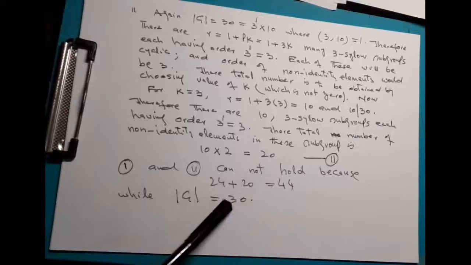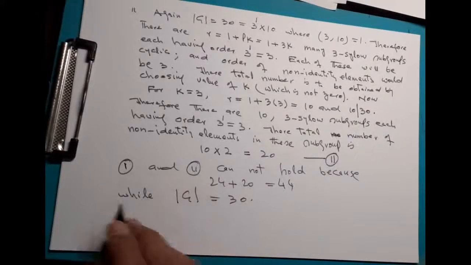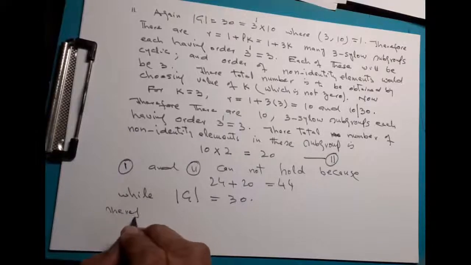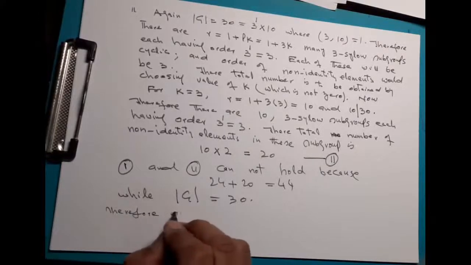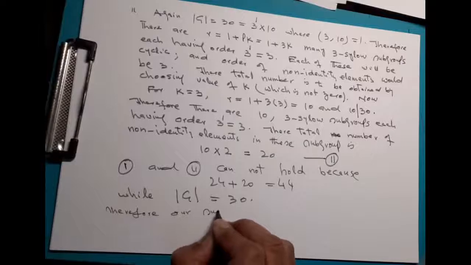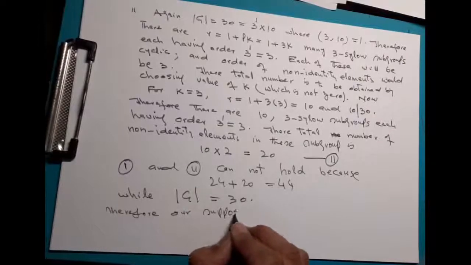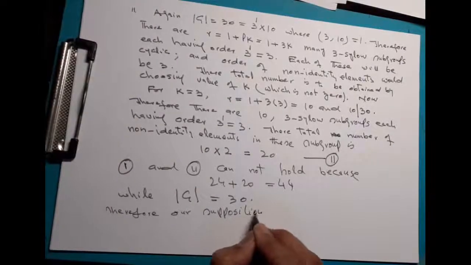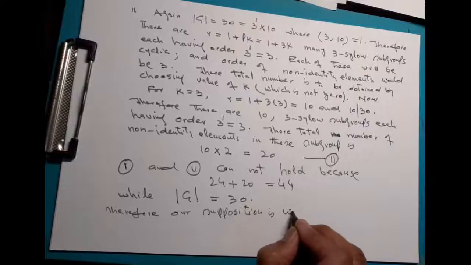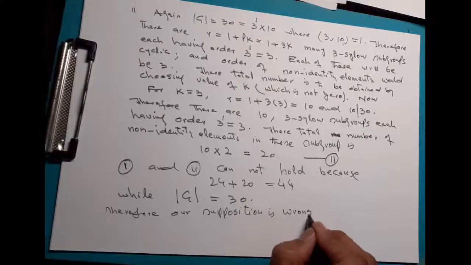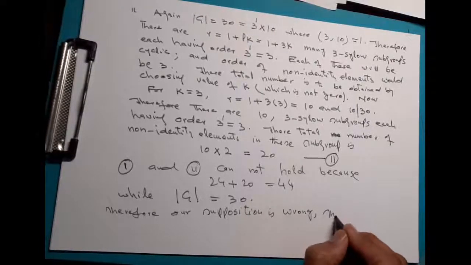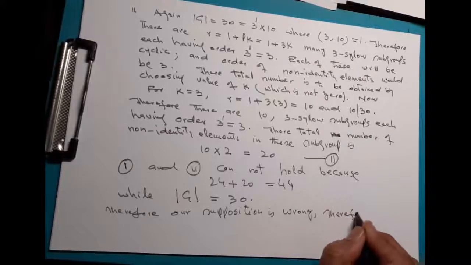So 44 is much more than 30. Therefore our supposition is wrong. We supposed that G is simple, and therefore G is not simple.